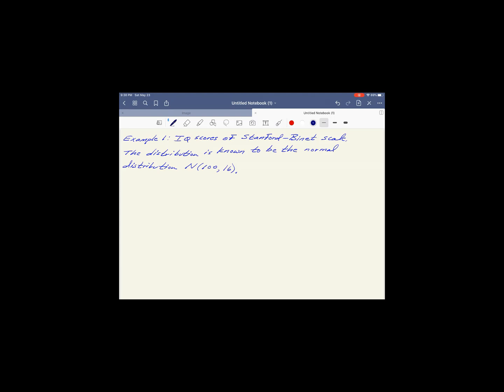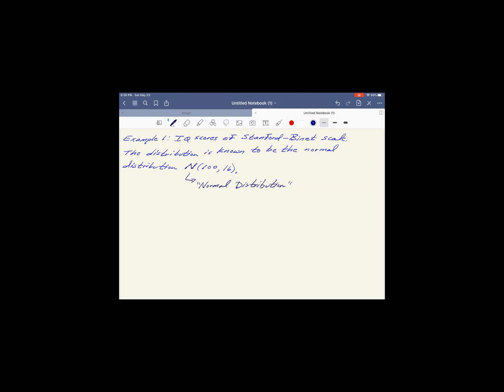Let's look at this problem here, example 1 from your text. IQ scores of the Stanford Binet scale. The distribution is known to be normal, where N, the capital N like that, stands for normally distributed, right? So N of 100, 16.